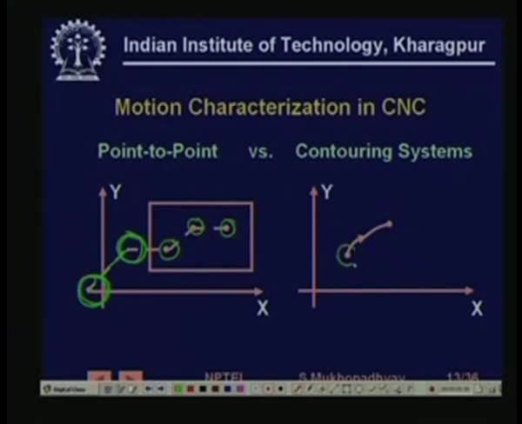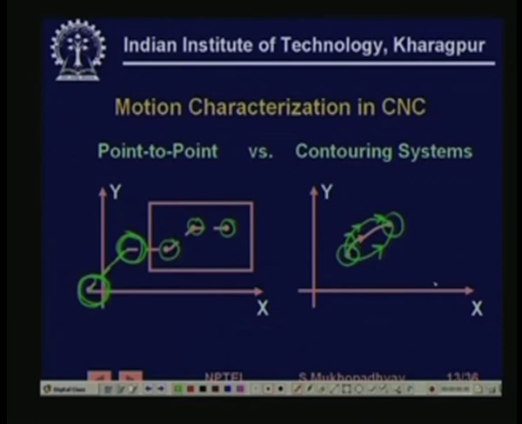On the other hand, you can have systems where you specify the start point in the coordinate space, the end point, and then some kind of interpolation, let us say a circular interpolation. The machine will start from here and depending on your instruction will cut an arc from here to here, or it could also cut an arc between these two points.